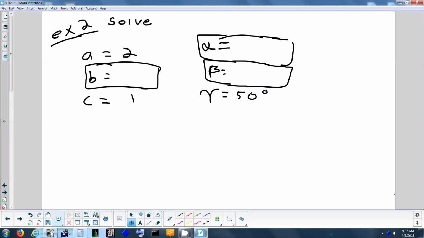So let's set it up and see what happens. Remember, we're looking for one of three things: one solution, like we did yesterday, a two-solution problem, like we just did, or no solution. One of those three things. Okay, Ethan, can you set up my proportion for me to find alpha?